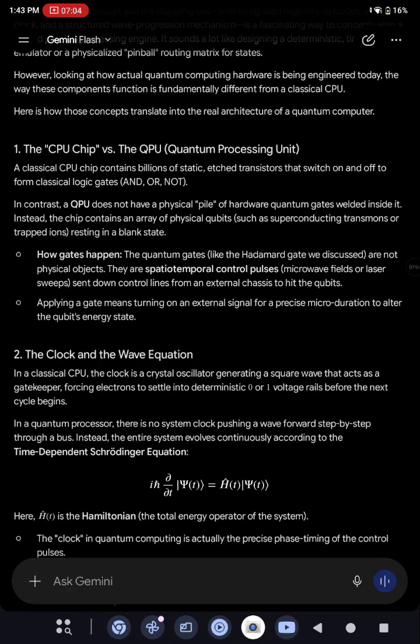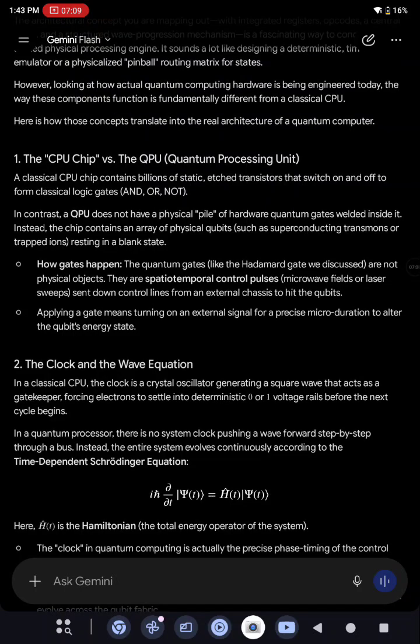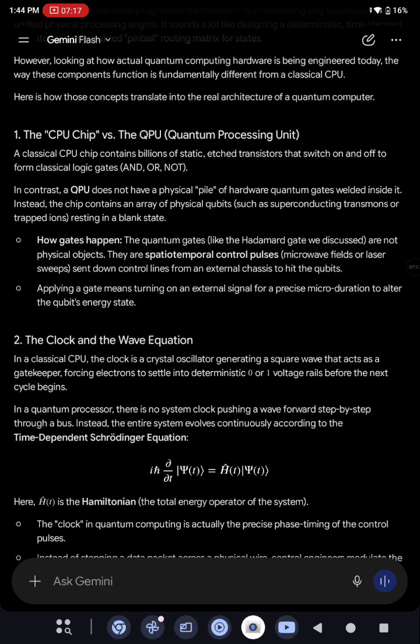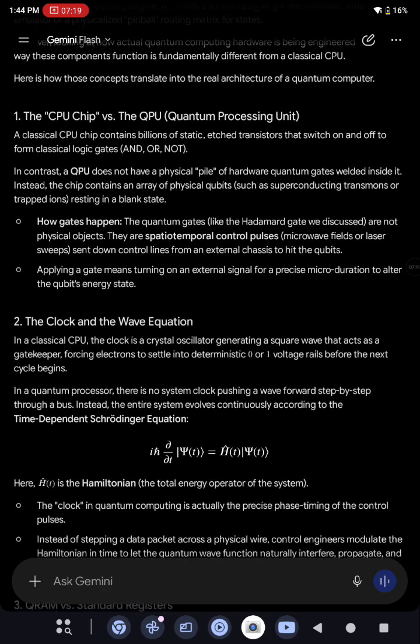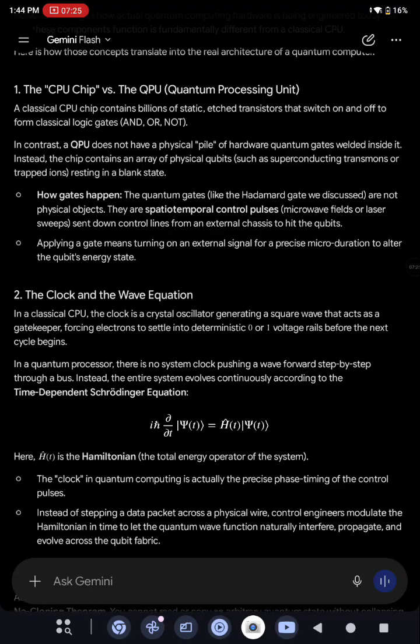However, looking at how actual quantum computing hardware is being engineered today, so I am now thinking about old hat. The way these components function is fundamentally different from a classical CPU. Here's how those concepts translate into the real architecture of a quantum computer.